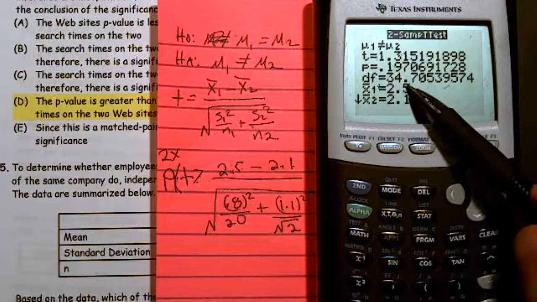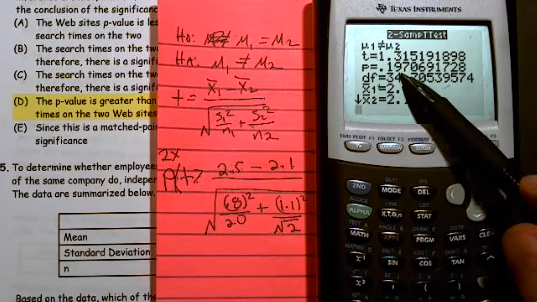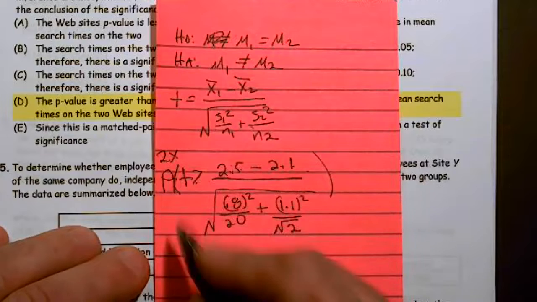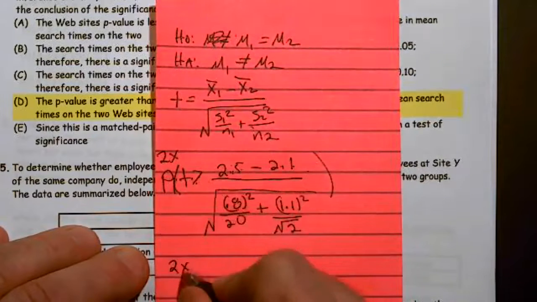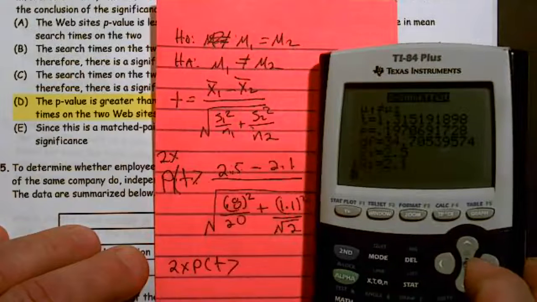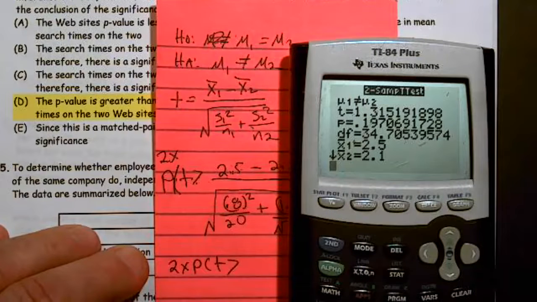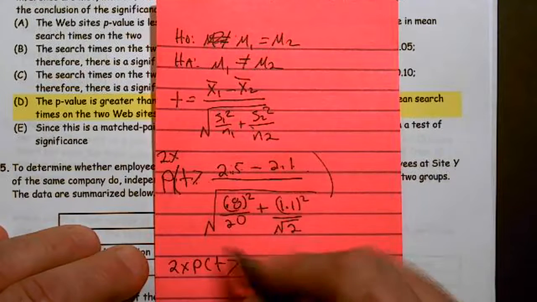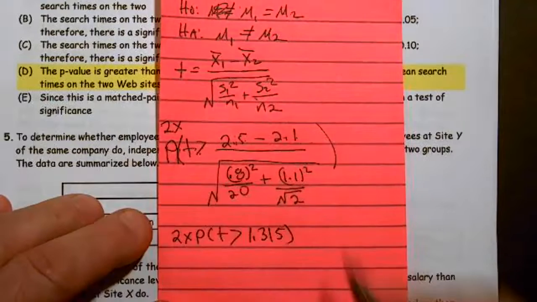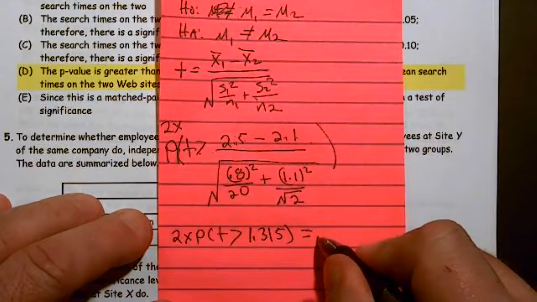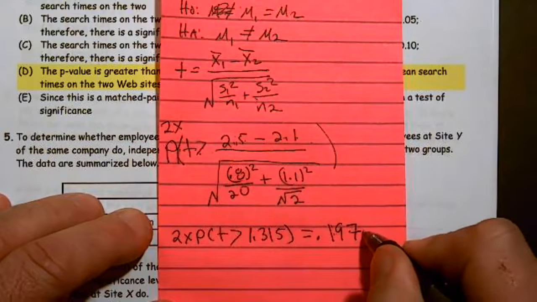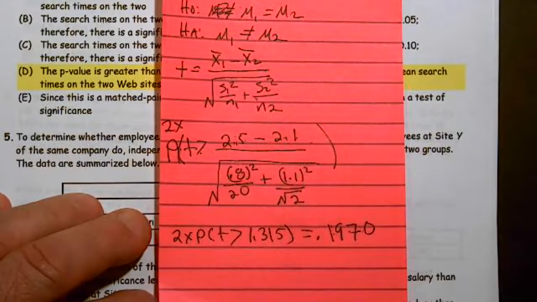I end up getting a very large p-value, 0.197. So 2 times the probability that t is greater than our t statistic of 1.315 equals 0.1970.